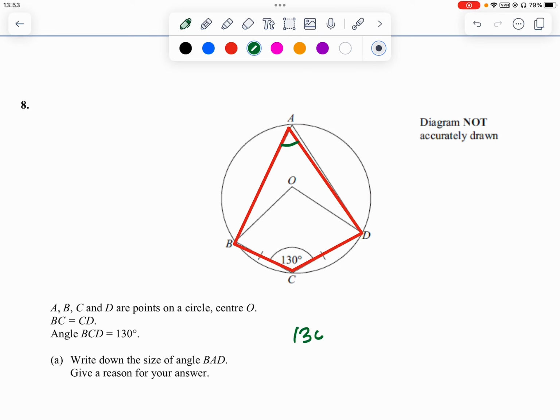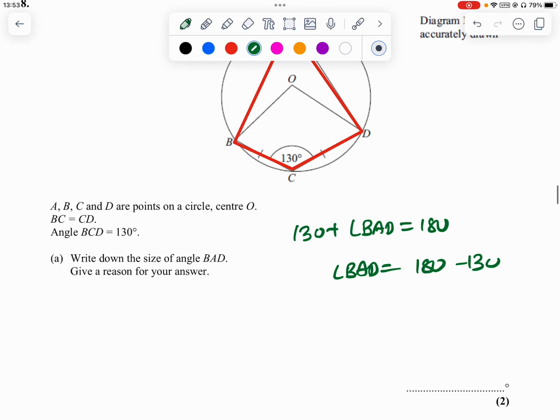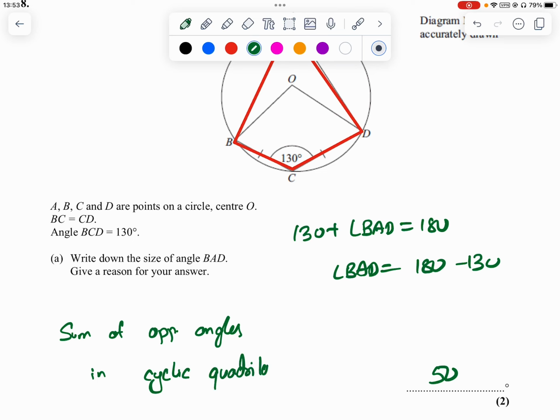So 130 plus angle BAD equals 180 degrees. So angle BAD equals 180 minus 130, which is 50 degrees. The reason is sum of opposite angles in a cyclic quadrilateral is 180 degrees.